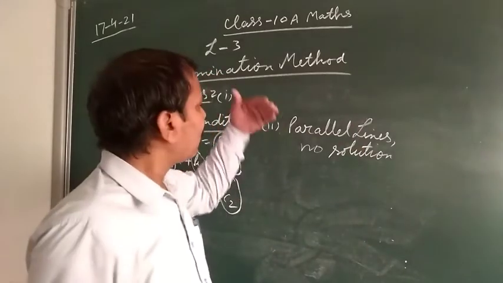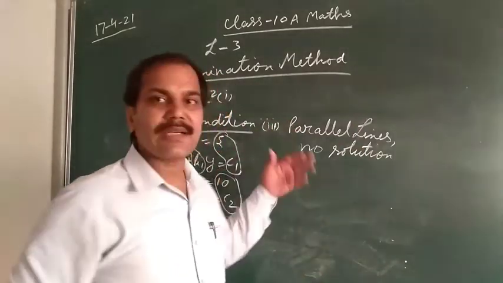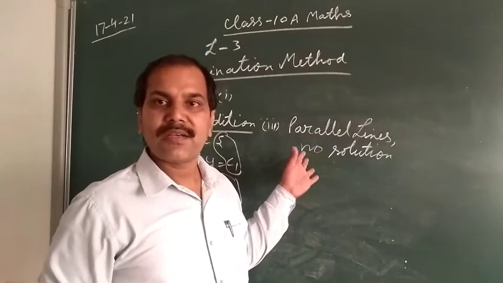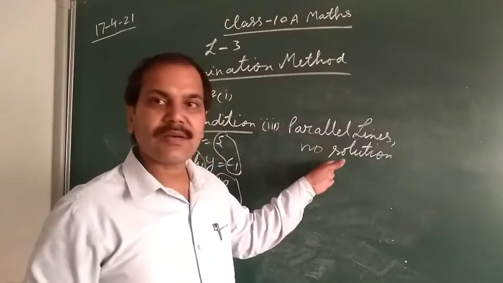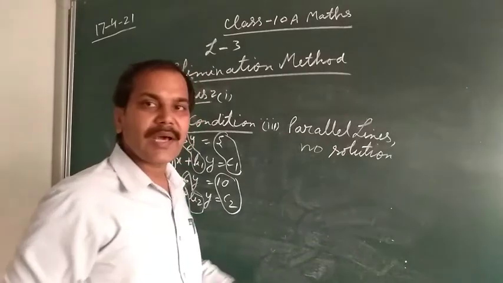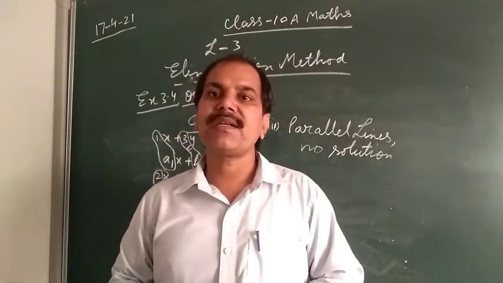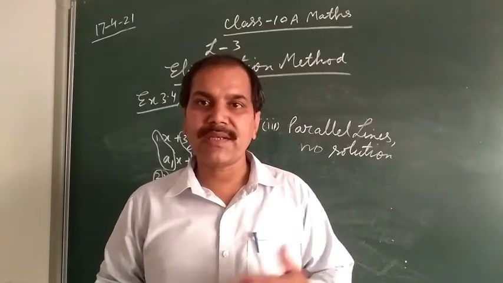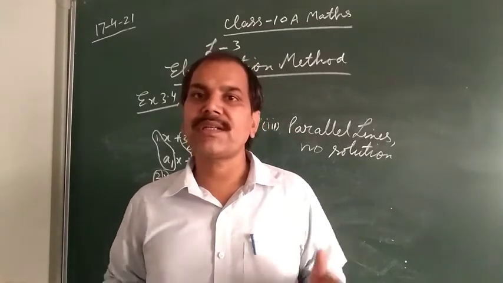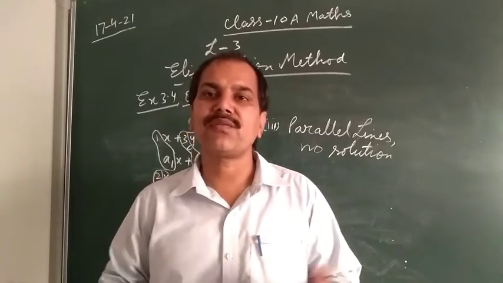Okay, because in the first and second conditions, solutions exist; in this one only, solutions do not exist. Parallel lines. So parallel lines, you know that two parallel lines never intersect each other. So if they never intersect each other, there is no intersecting point. So that's why no solution.